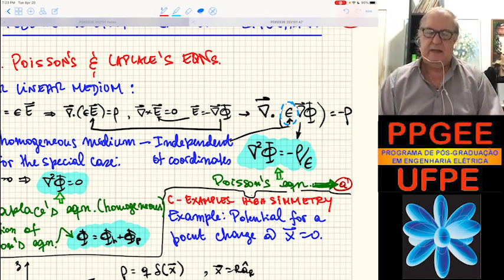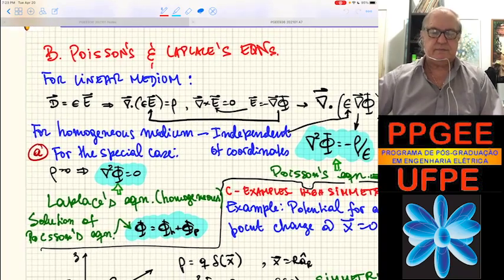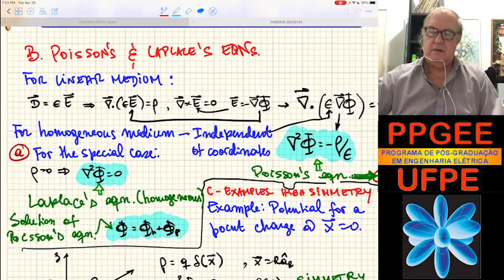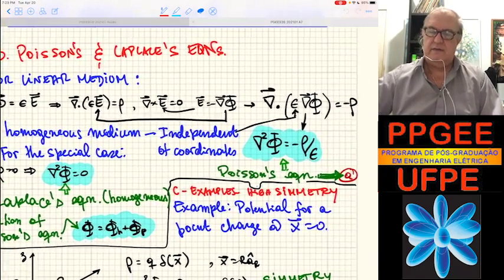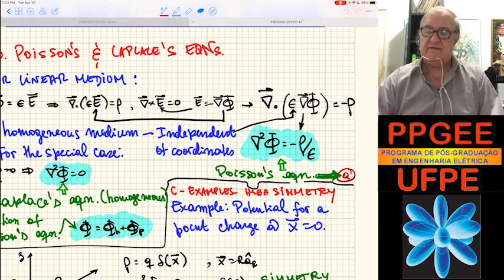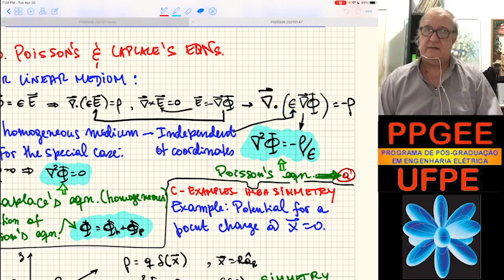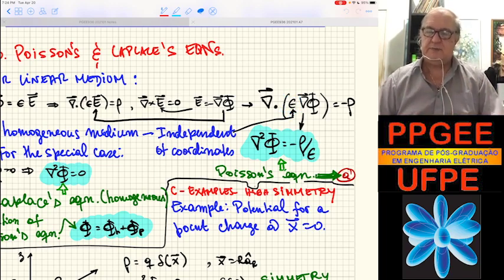We also need the medium to be isotropic, because if it's anisotropic, it would be more complicated to expand this equation.